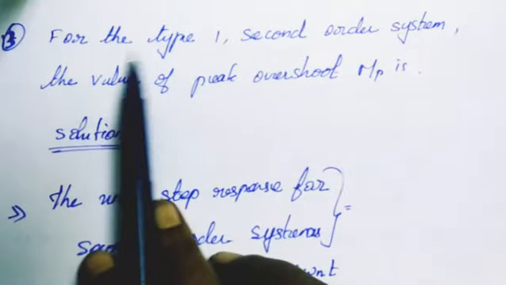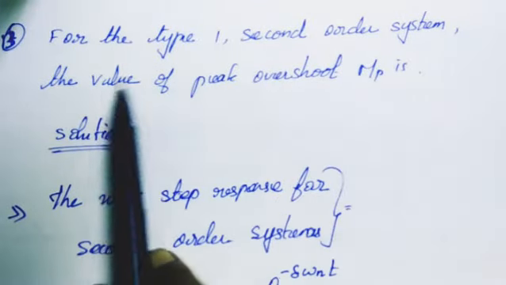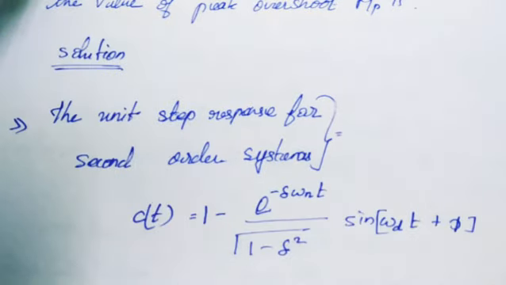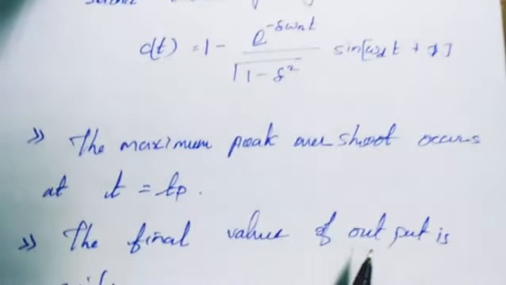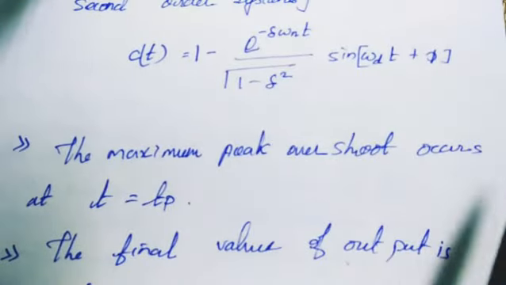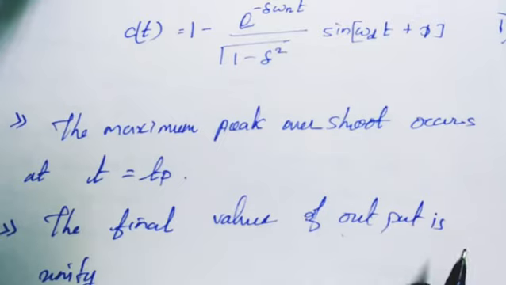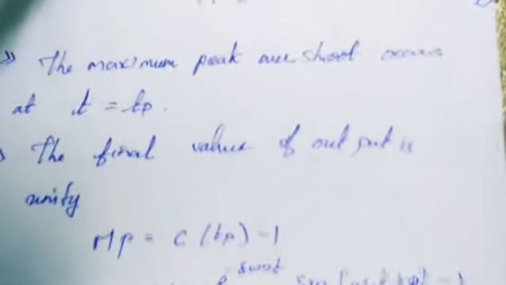Next question. For the type 1 second order system, the value of peak overshoot Mp is. First, we are writing the unit step response for the second order system, and this is the unit step response for the second order system. The maximum peak overshoot occurs at t equal to Tp, that is at peak time. The final value of the output is unity, that we also know.